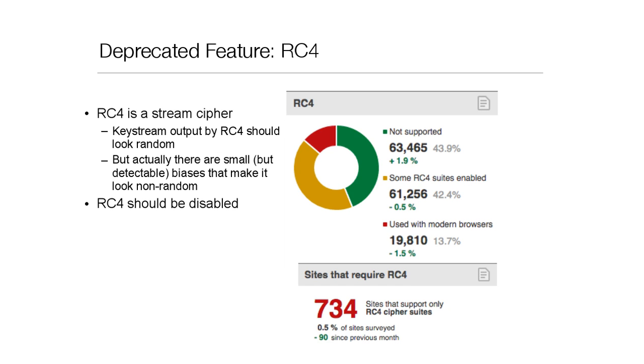The researchers found these biases, and because of that, RC4 is no longer a wise decision to use as a stream cipher. RC4 should be disabled, and we have to use other stream ciphers. RC4 is now outdated.